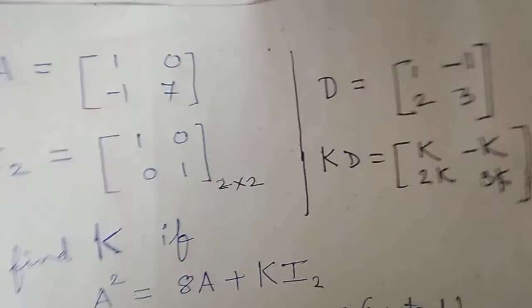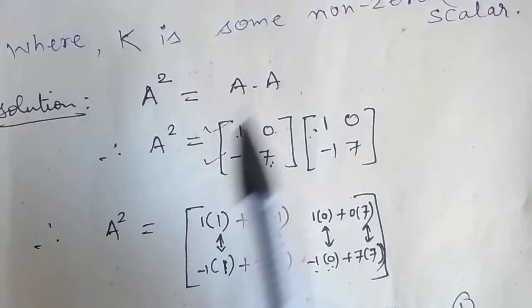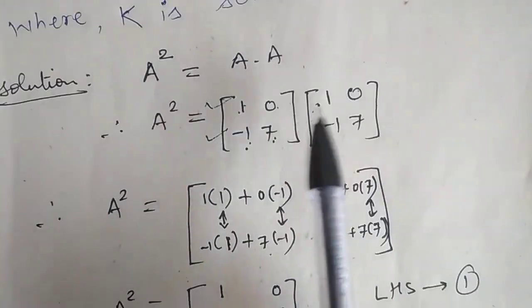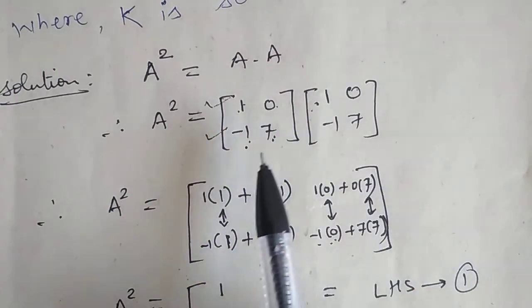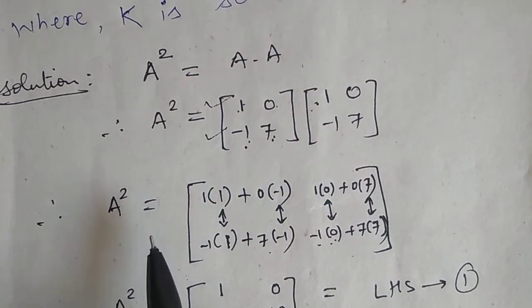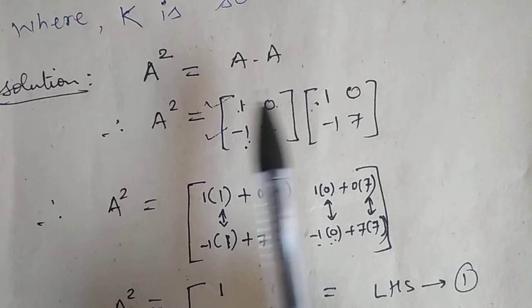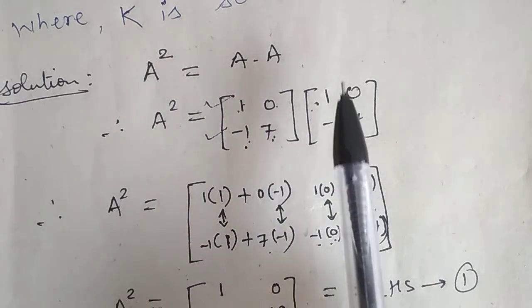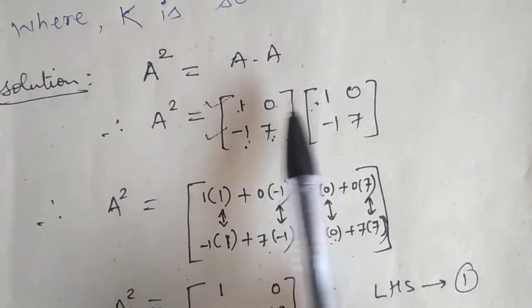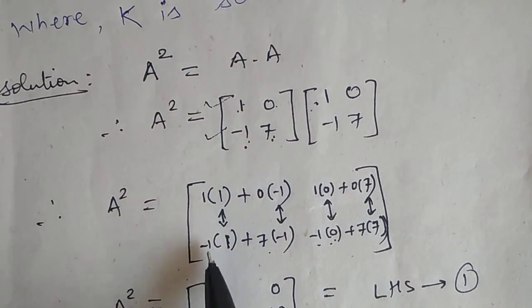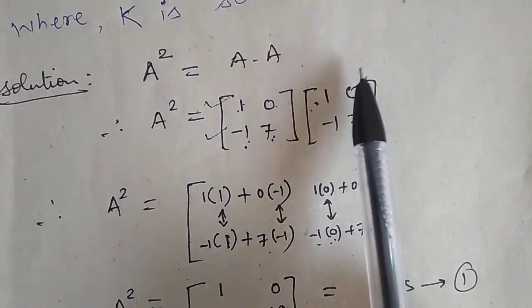With the help of this, we calculated A squared first as A into A. Side by side I have written the same matrix, then performed the procedure of product of two matrices: first row first column element, first row second column element, second row first column element, then second row second column element.